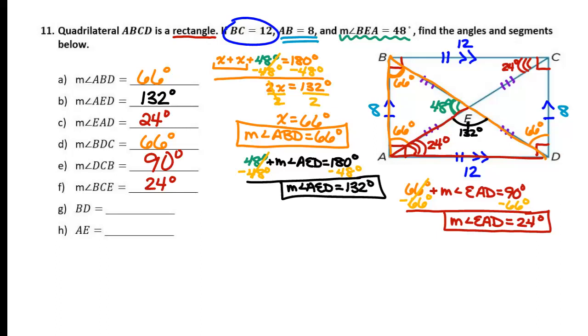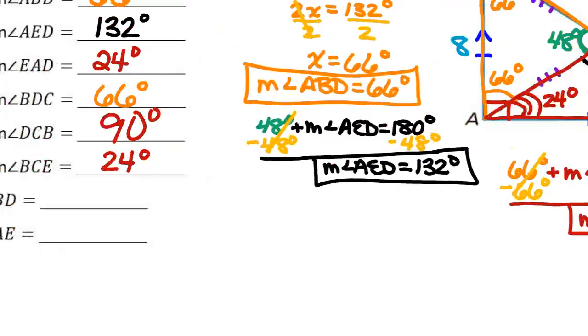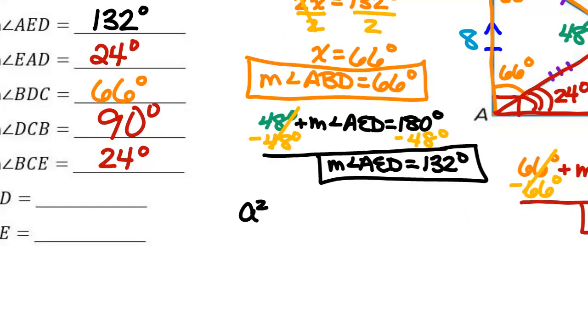All right. Next thing they want me to find is segment BD. So from right here to right here. I'm going to have to use Pythagorean theorem to help me do that. A squared plus B squared equals C squared.